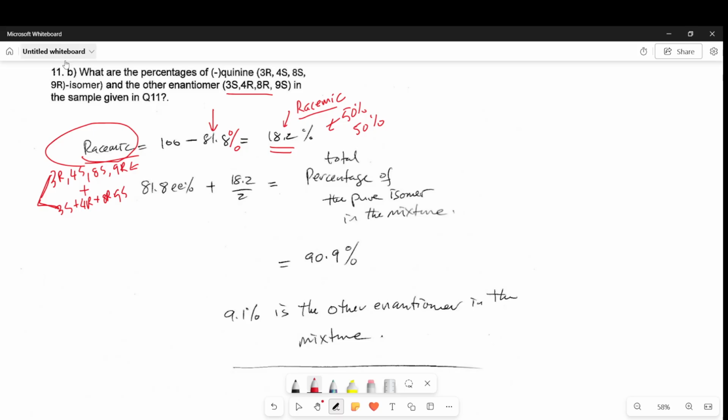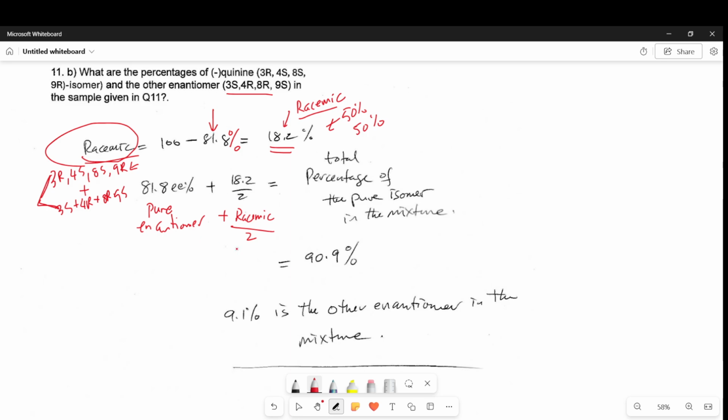So the total percentage of the desired one in the racemic plus in the enantiomeric pure form is 81.8 pure enantiomer, right? But from the racemic you also have 9.1, since it's 50% divided by 2. So this is the racemic, which contains both, but divided by 2.